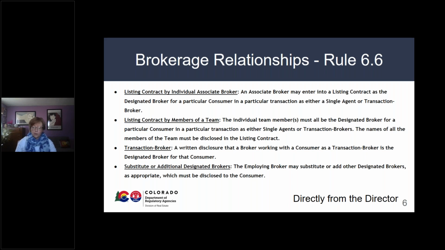As a transaction broker, you may still have a written listing agreement, but you're designating that you're a transaction broker. If you're a transaction broker for a buyer and they don't want to sign an agreement, you don't have to have an exclusive right to buy contract. But that's when we expect to see that you have done a brokerage relationship disclosure to make it very clear to that buyer that you are functioning as a transaction broker.